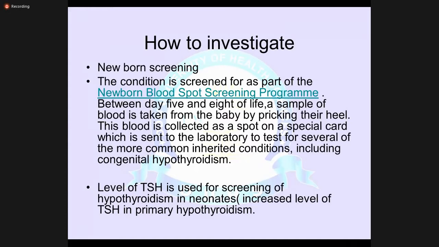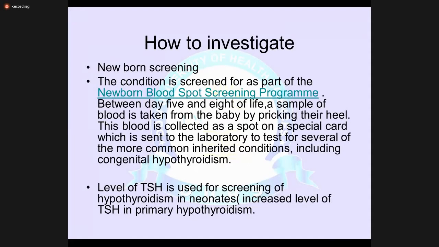To respond to this condition, the anterior pituitary starts producing thyroid stimulating hormone in increased amount, and that is how you diagnose that, yes, I have done the thyroid stimulating hormone level of this child, and as the thyroid stimulating hormone level is elevated, this indicates that this patient is having primary hypothyroidism.